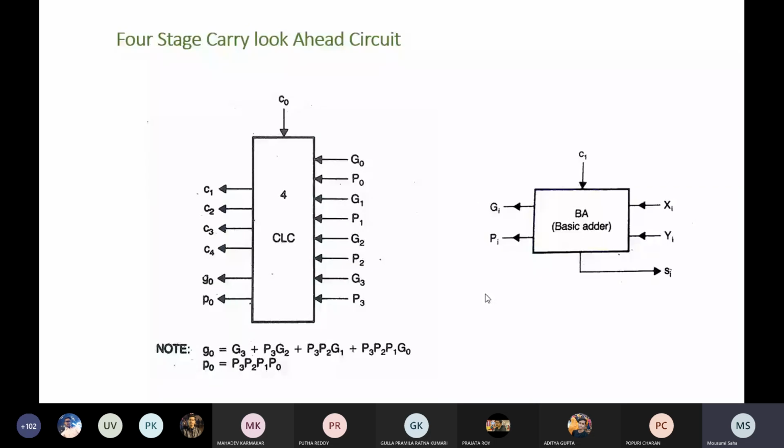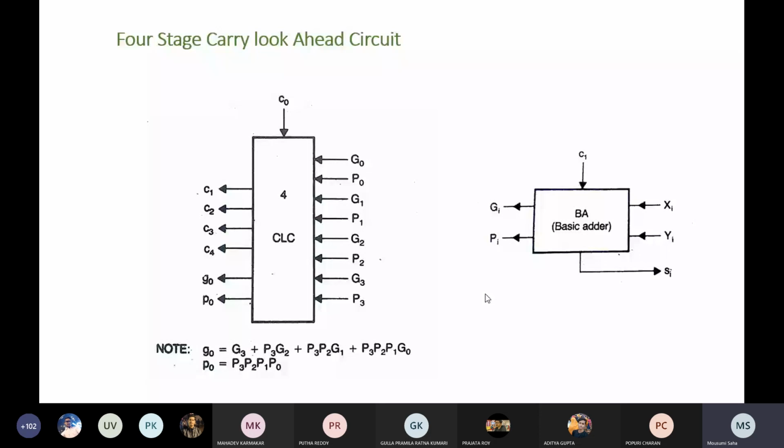Now the carry look ahead circuit can generate all the carries, and at the same time G0 and P0, these two are called the group generation and group propagation functions. Group propagate carry, you can say.